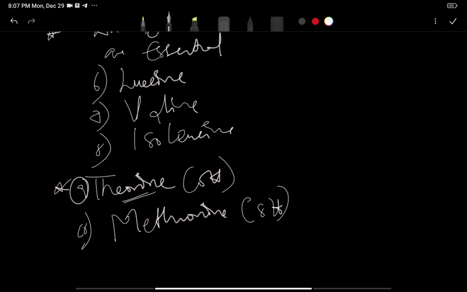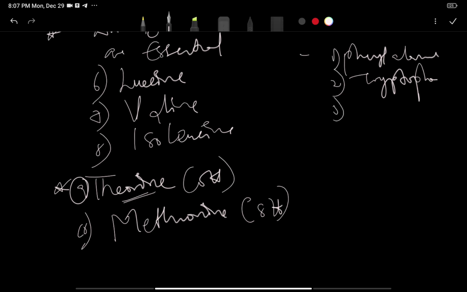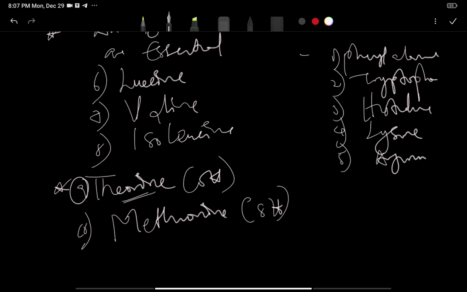So just to list them real quick. The 2 aromatic that are essential: phenylalanine and tryptophan. The 3 basics that are essential: histidine, lysine, and arginine.